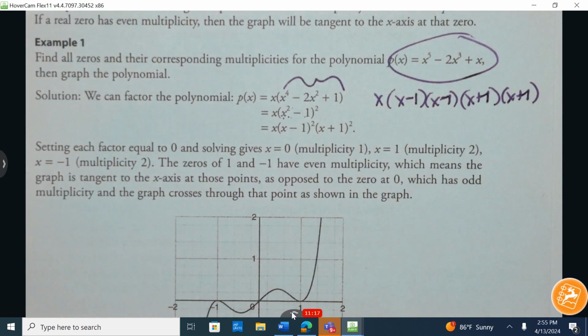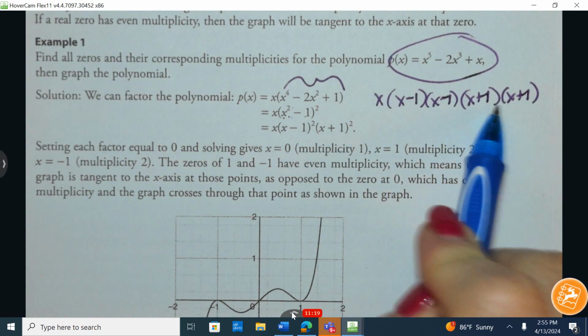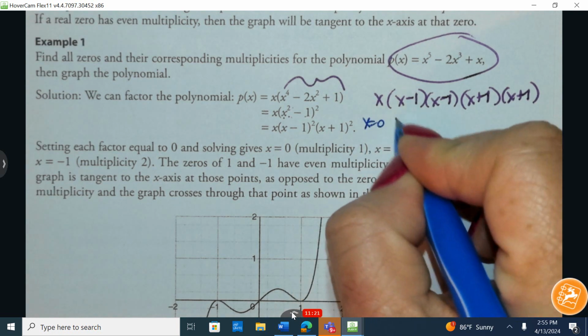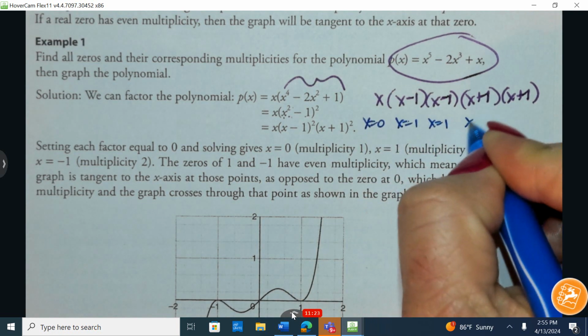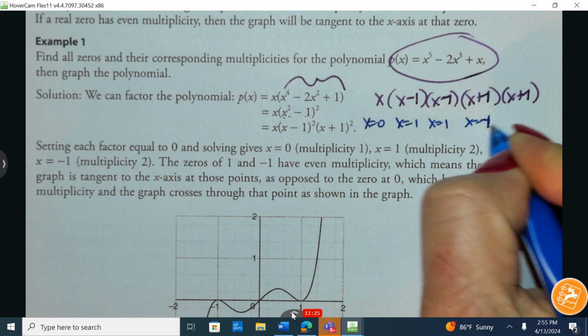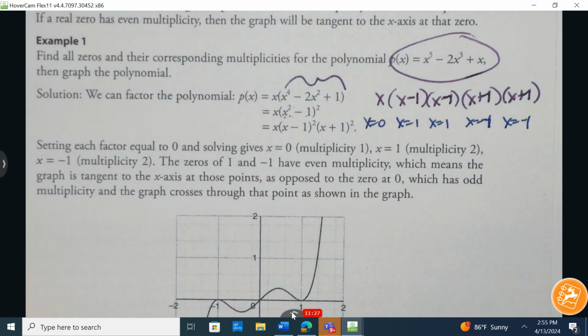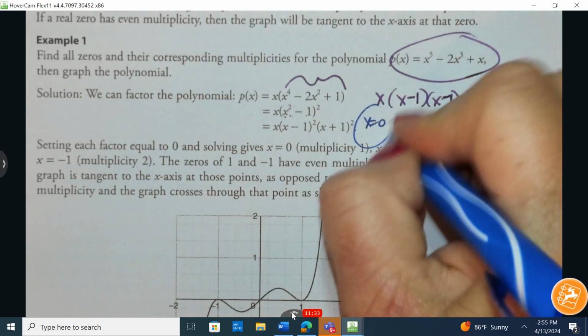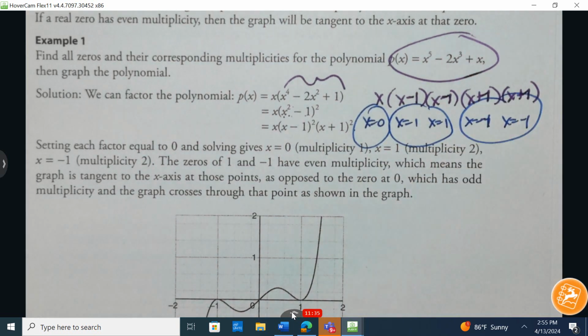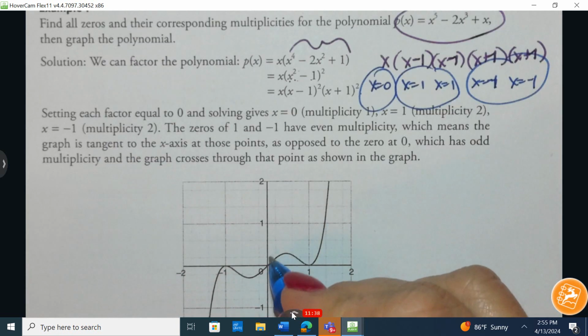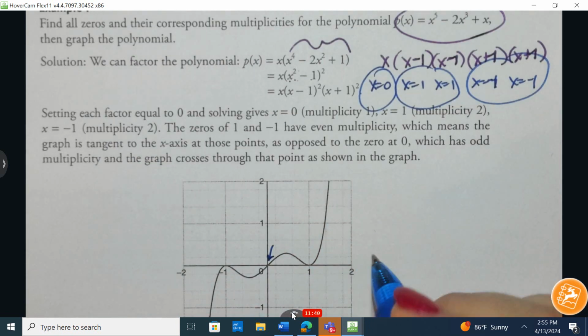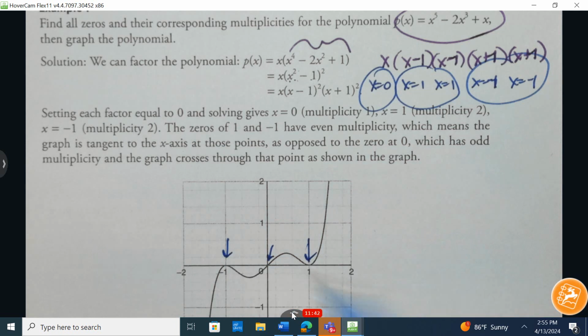When I actually find the zeros, I set each one of these equal to 0, and I get x equals 0, 1, 1, negative 1, and negative 1. And like one of our MCQ questions, if they asked you to describe the zeros, there would actually be only 3 distinct zeros here, because there's an x-intercept at 0, at 1, and at negative 1.